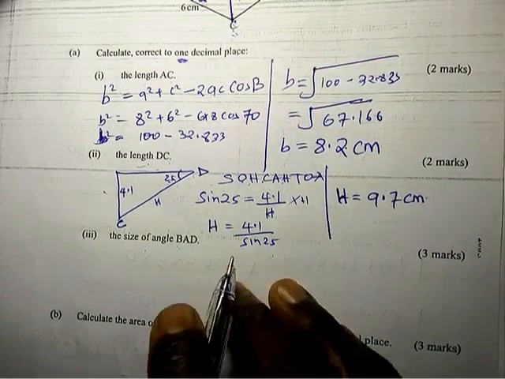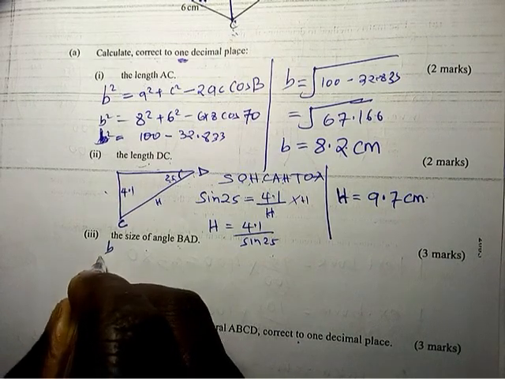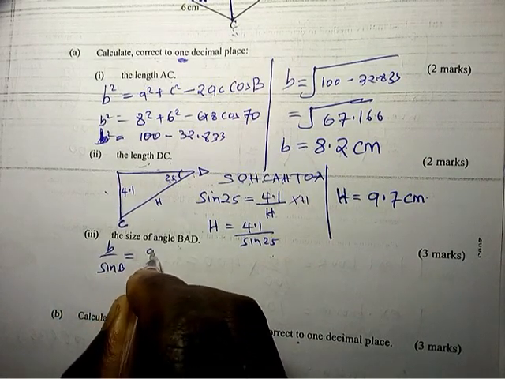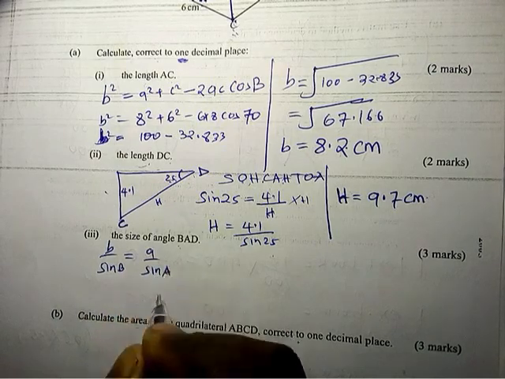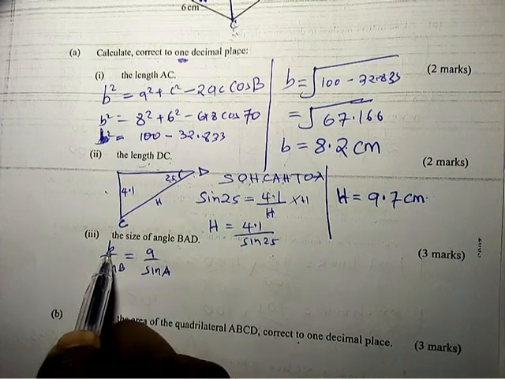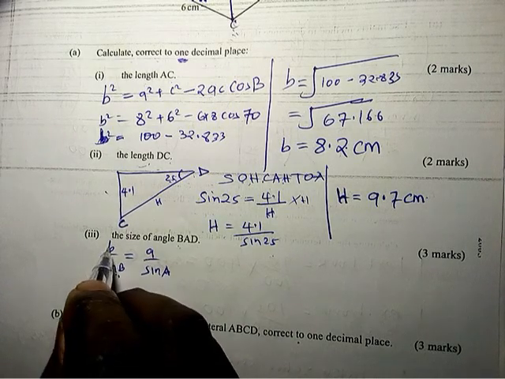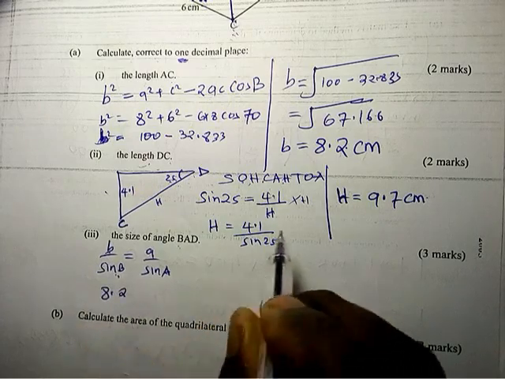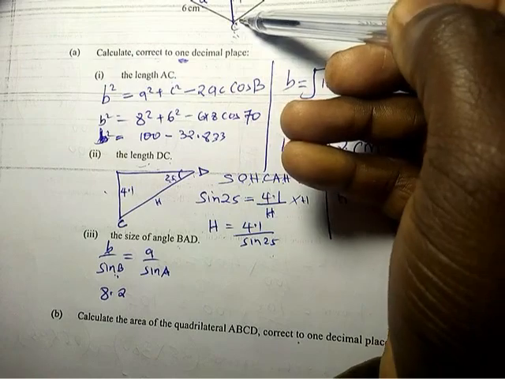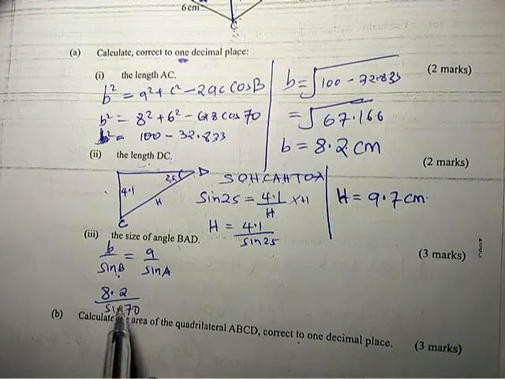So we can now use the sine rule. We know that b over sine B is equal to a over sine A. We want A, but we have a, we have b, and we have sine B. We have b, that means b is 8.2, from here up to here, divided by sine 70.